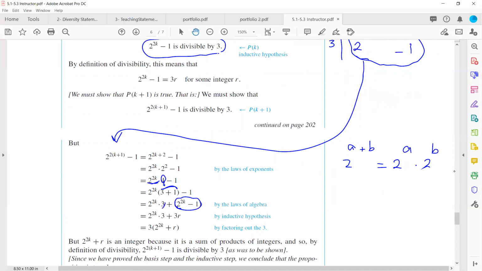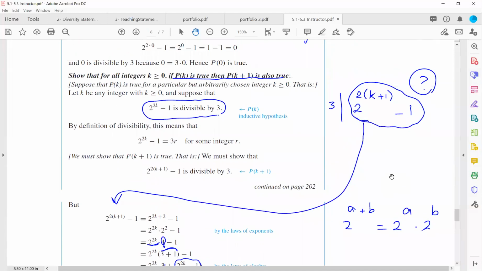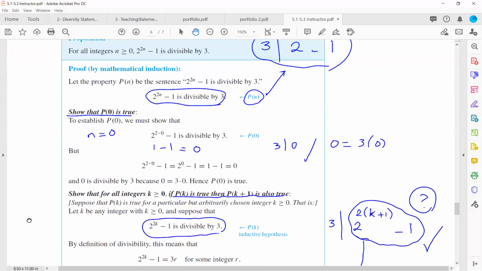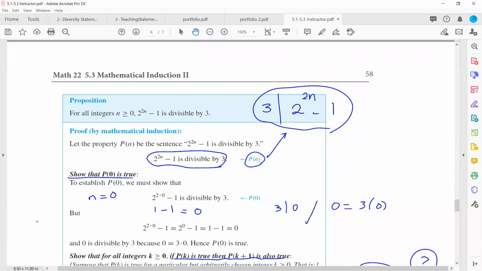Because we have 3 as a factor of this statement, and this term on the other side. 3 divides this term, 3 divides this term, so 3 divides the sum. It means that we just proved 3 as a factor of this statement. So by mathematical induction, this statement in general is true.